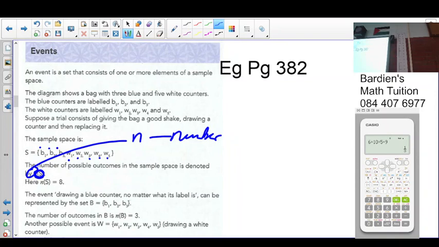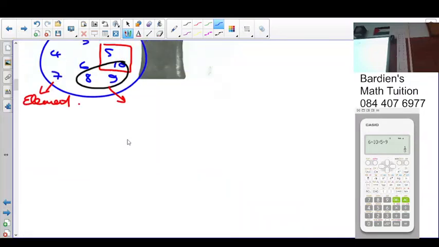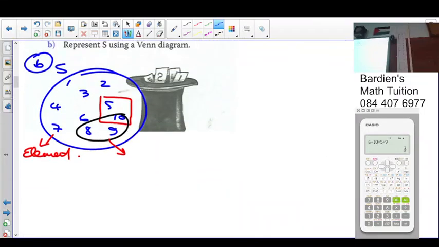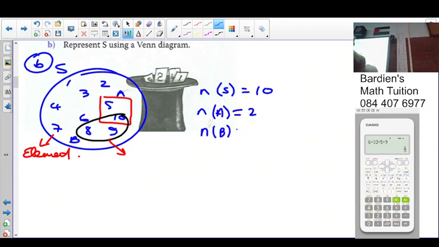You guys understand? So let's go here quickly. Let's see if you understand what we are saying. So what's the number in the sample space here? 10. If this is subset A, and this is subset B, what's the number in A? 2. What is the number in B? 3.